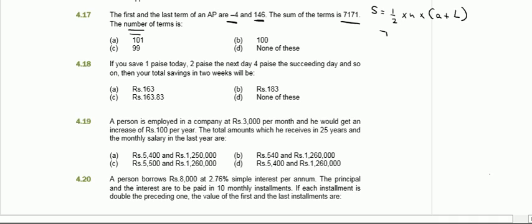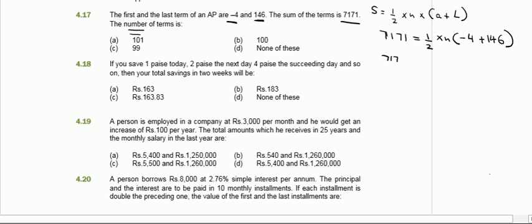So it will be 7171 is equal to half into n into (a, which is -4, and l, which is 146).